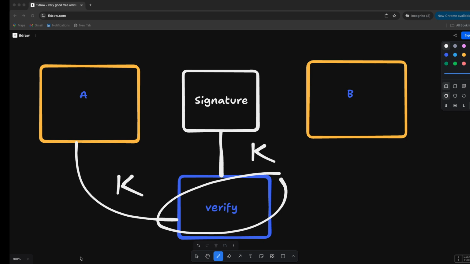So what we are going to do is use the message and the key to generate a hash, right? Basically, you're going to create a code over here.